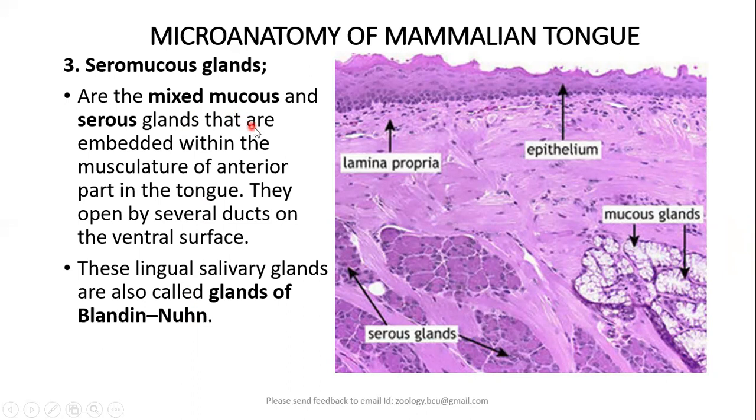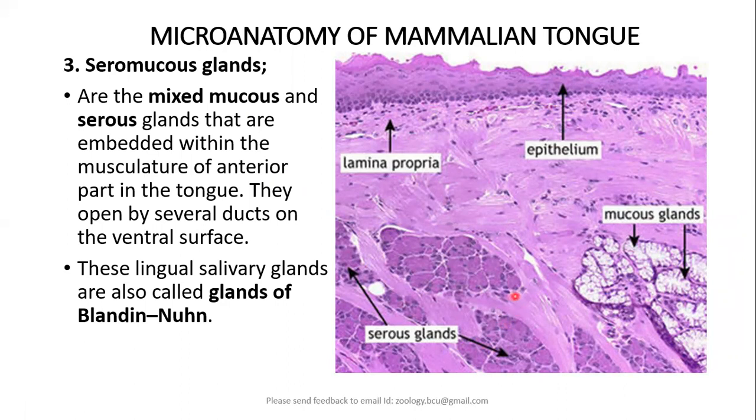The third type of glands or lingual glands are called seromucous glands. As the name indicates, they are the mixed glands made up of both mucus and serous glands that are embedded again within the muscular layer of the anterior part of the tongue.